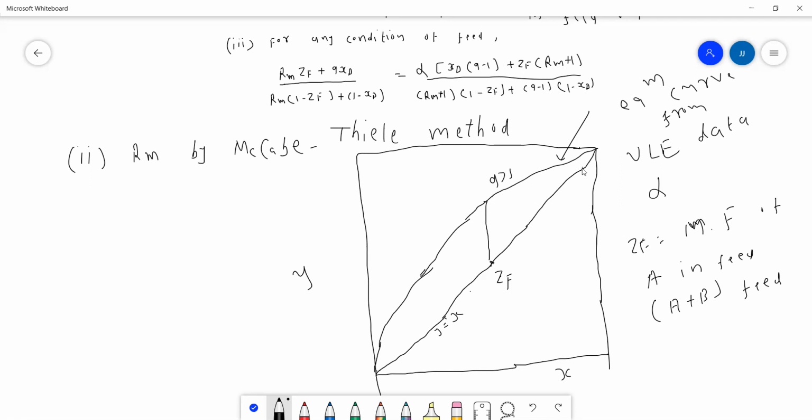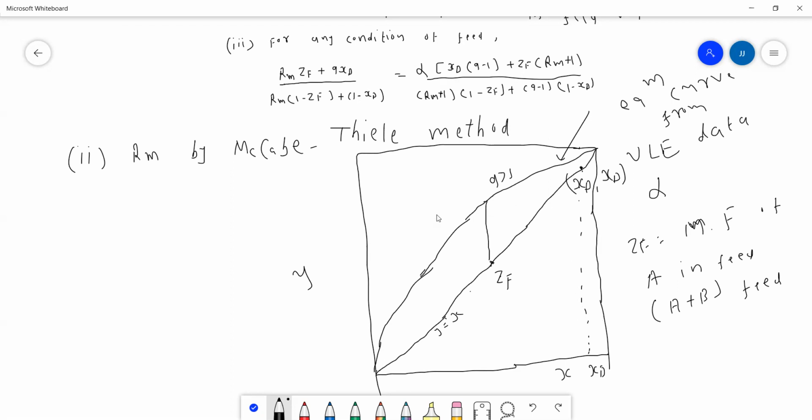Then, as already mentioned, this is the distillate composition XD, which is fixed. This is the XD, the mole fraction of the more volatile substance in the distillate, our main top product.